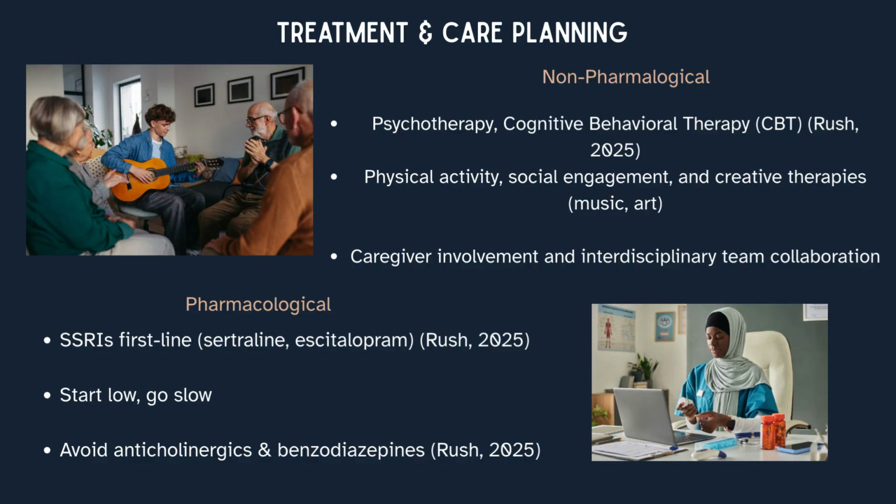If medications are necessary and appropriate, SSRIs like sertraline or escitalopram are first line, and we use a start low and go slow medication titration schedule with this population. Knowing what to prescribe is helpful, as well as knowing what not to prescribe, and we want to avoid benzodiazepines and anticholinergics because of the fall and cognitive risks in the elderly population.